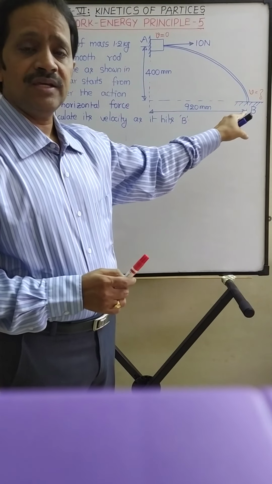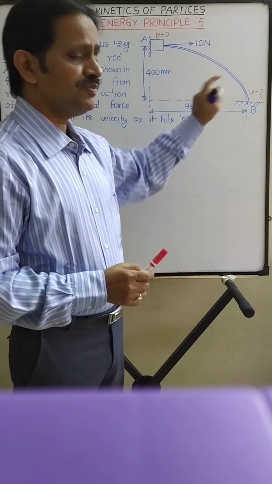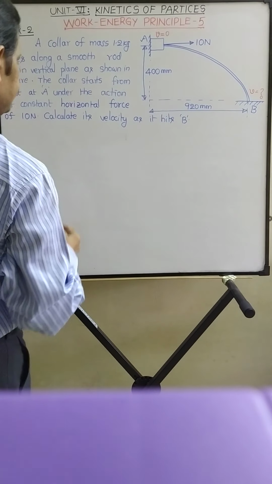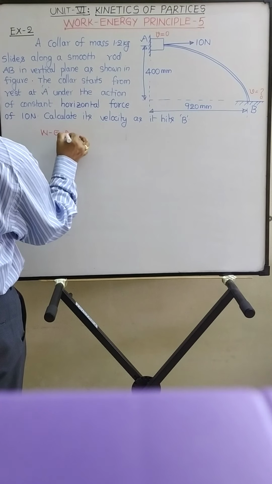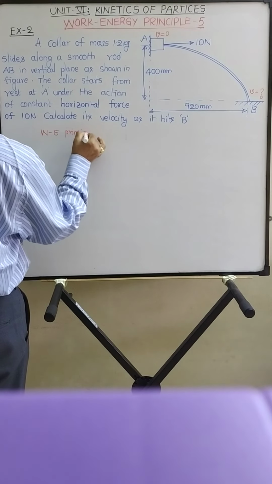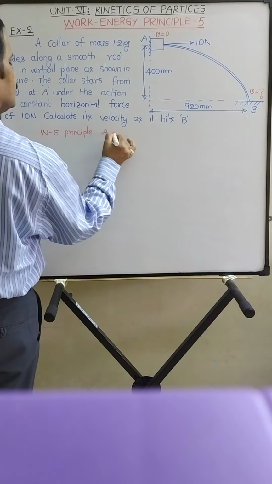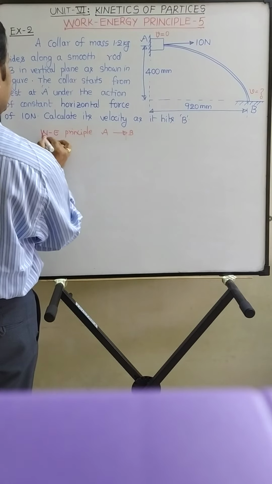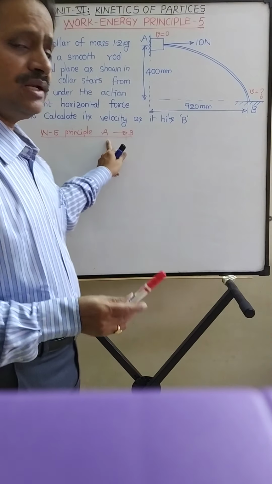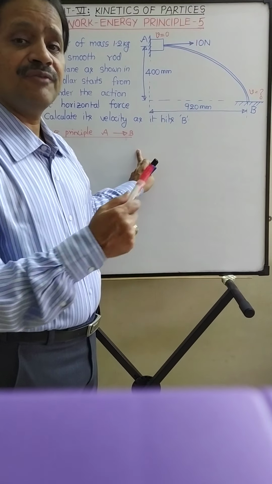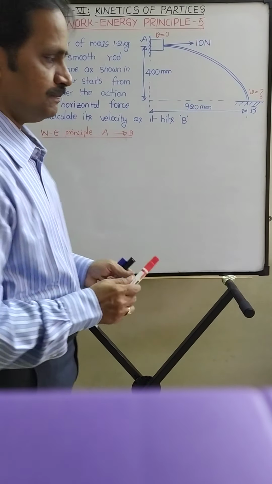So let us apply work energy principle from A to B. When I am saying A to B, A is the initial or first position, B is the final or second position.